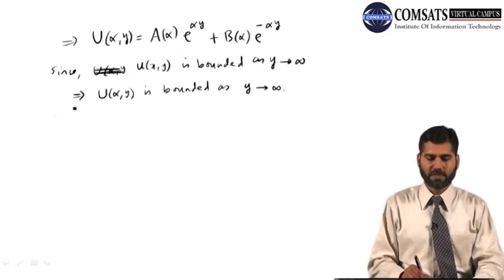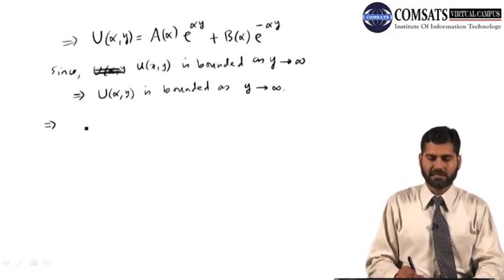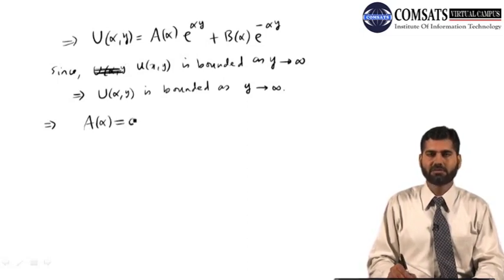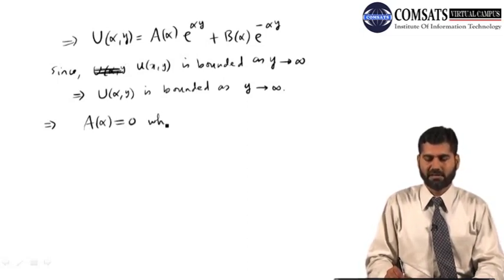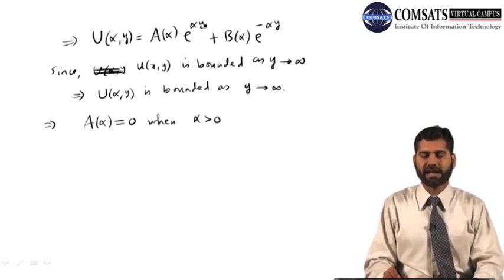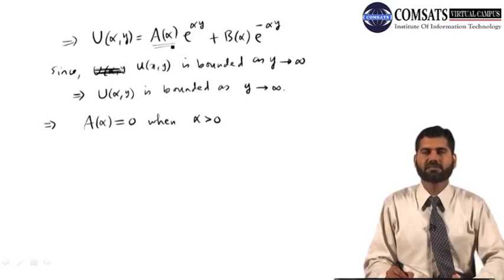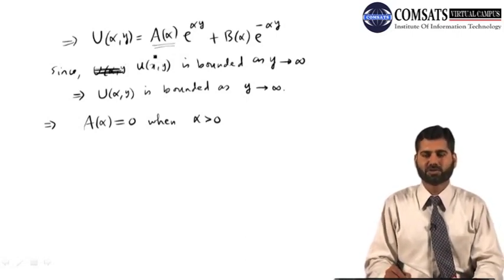All right, so this implies that A(alpha) should be 0 when alpha is positive. See, if alpha is positive, and y goes to infinity, e to the power alpha y goes to infinity. So this will not be bounded. This will become unbounded as y goes to infinity. So we have to force this coefficient to become 0, so that this term drops out and you get just B(alpha) e^(minus alpha y).